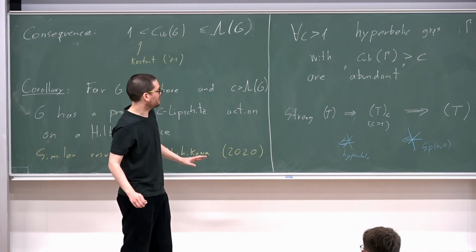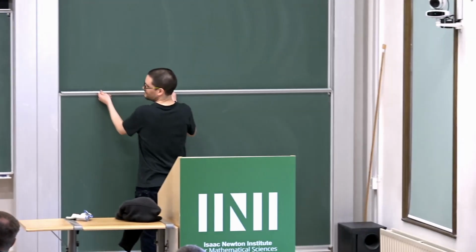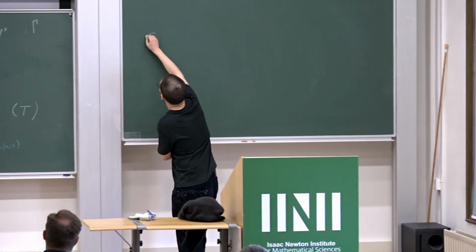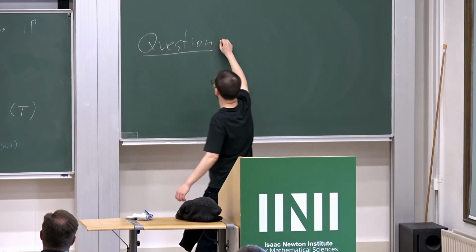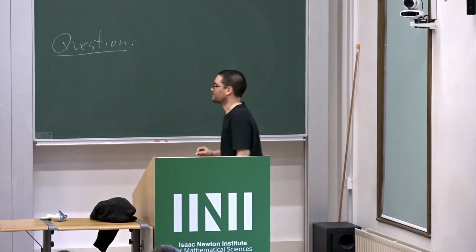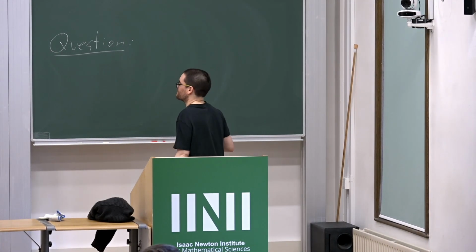I wanted to mention this, and I'm going to finish with a question related to what has already been mentioned, Shalom's conjecture. This is in the same flavor, but not exactly the same thing.